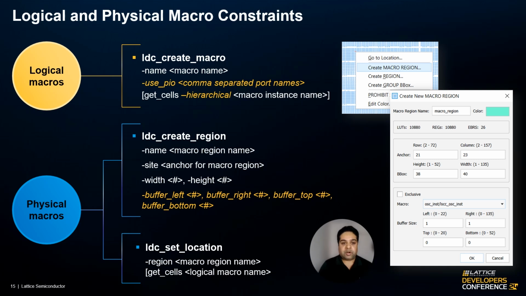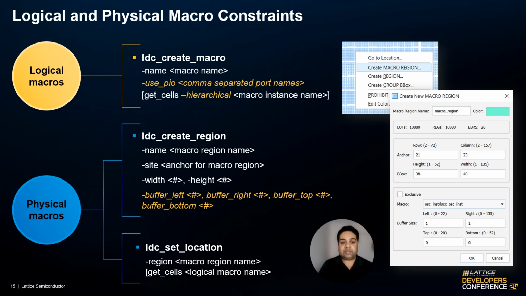Second, if you want to create a physical macro, you have to start by creating a macro region. This macro region can be created using the physical designer tool. You can also add the command ldc_create_region, -name, macro region name, -site, anchor for the macro region, -width, specifying the width, -height, -buffer left, buffer right, buffer top, buffer bottom option.